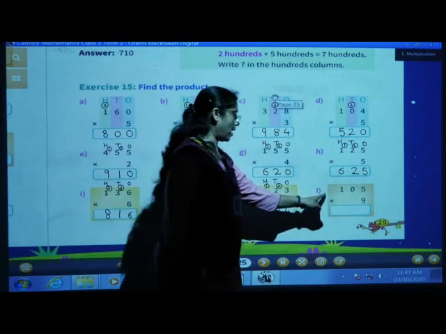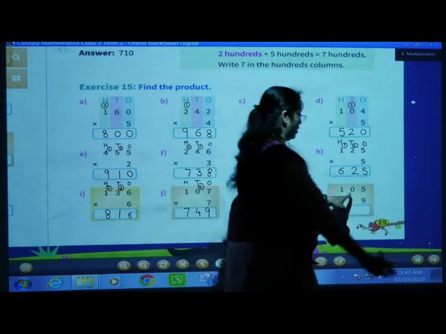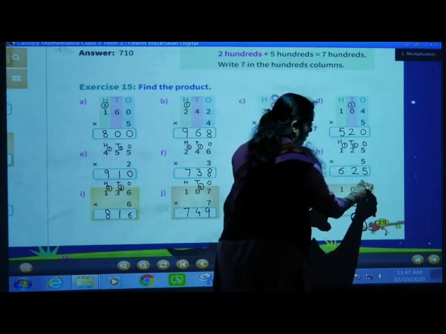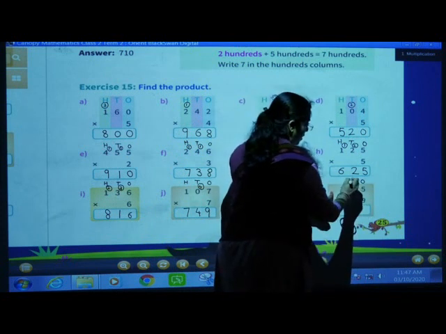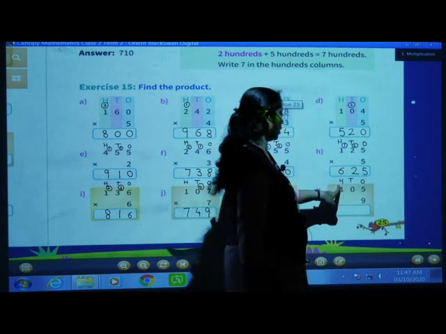See this last one, 105 multiplied by 9. What is the place value of 5? Ones, 0 tens and 1 in a hundreds place. Okay.